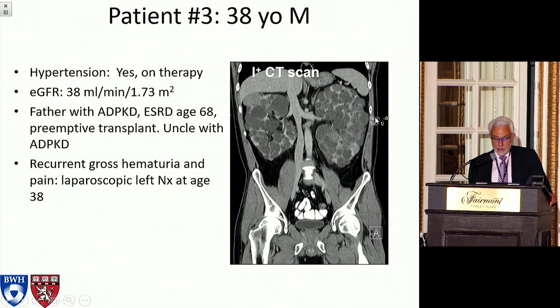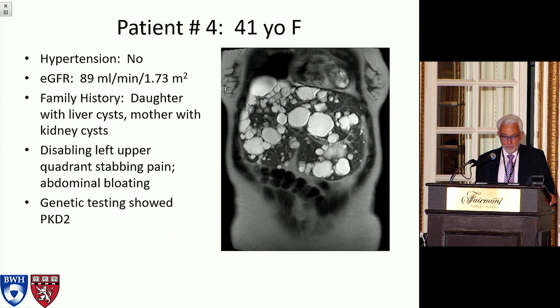And this is a CT scan with contrast. You can see mostly cyst with few little isolated areas of normal parenchyma. And then down here in the lower pole of the kidney, you see areas of cyst hemorrhage, which led to such severe pain. The kidney was removed, even despite the reduced GFR.